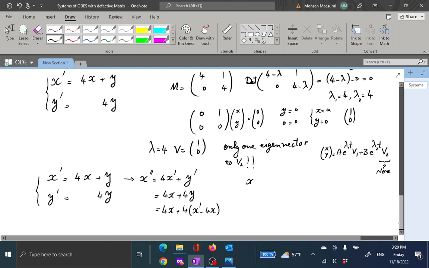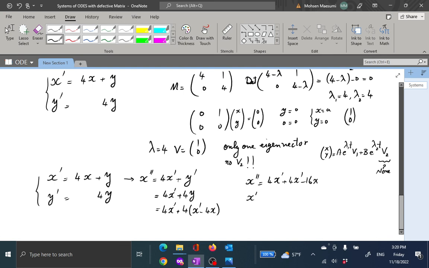So I'll have x double prime is equal to 4x prime, excuse me, this was 4x prime plus 4x prime minus 16x. So x double prime, let's bring it over, minus 8x prime plus 16x equal to 0. So our characteristic equation, r squared minus 8r plus 16 equal to 0. My roots are 4 and 4.